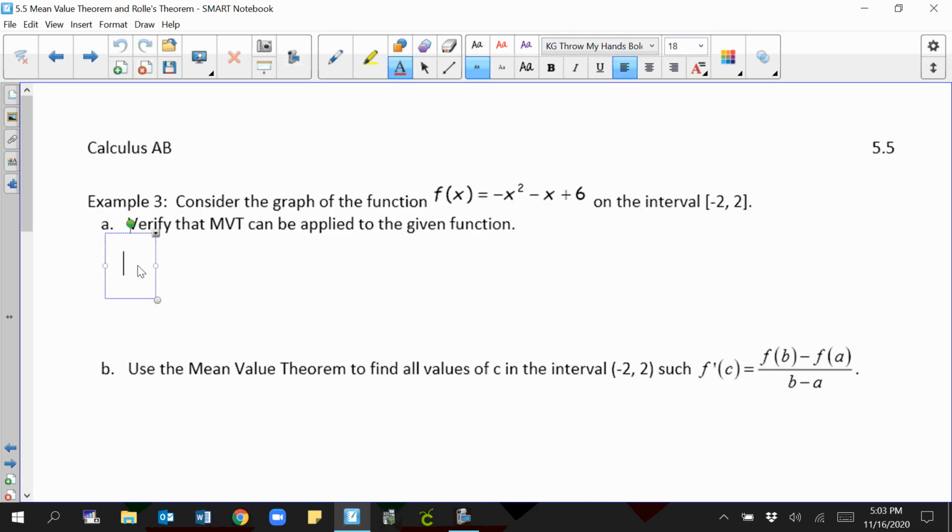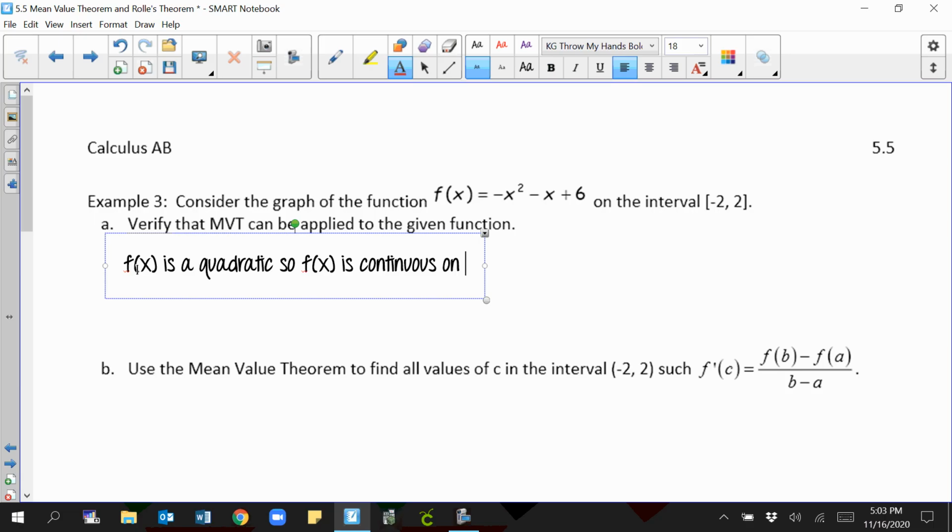So what I'm going to say here is that f of x is a quadratic. So f of x is continuous on my closed interval negative 2 to 2 and differentiable on my open interval negative 2 to 2.